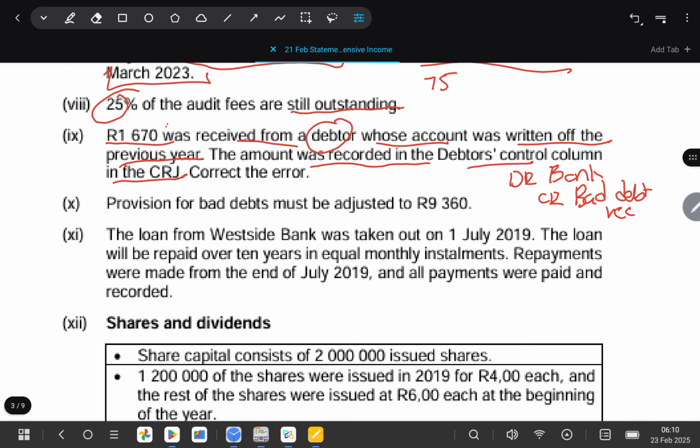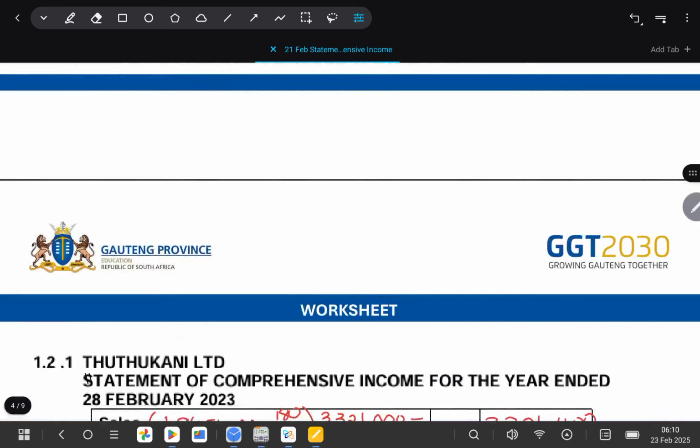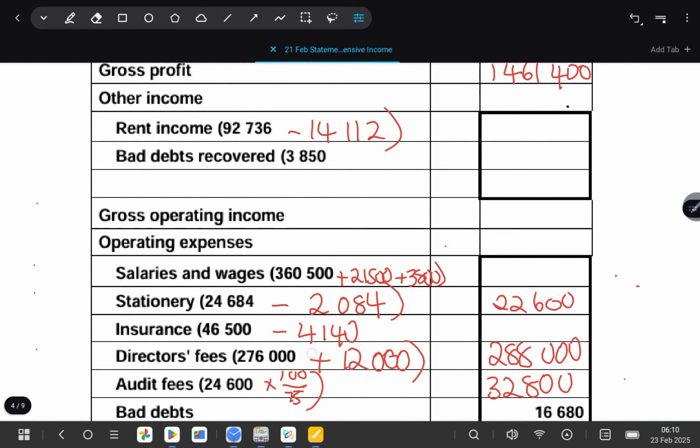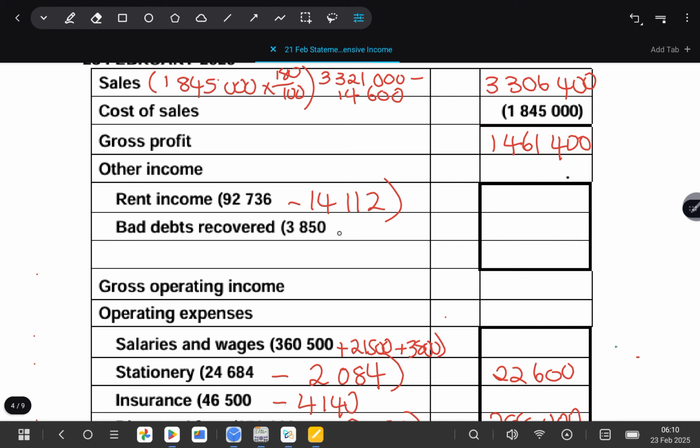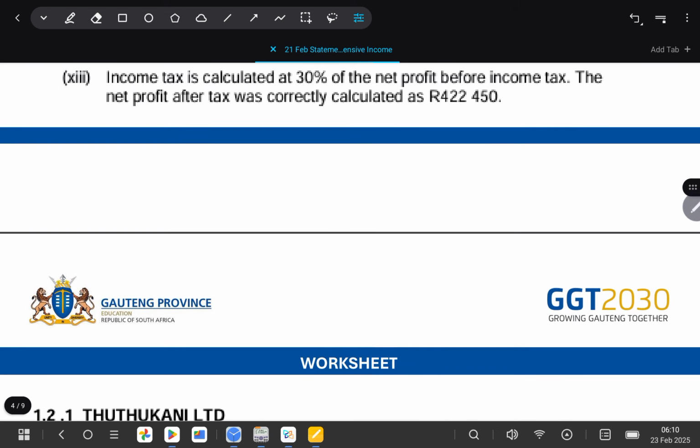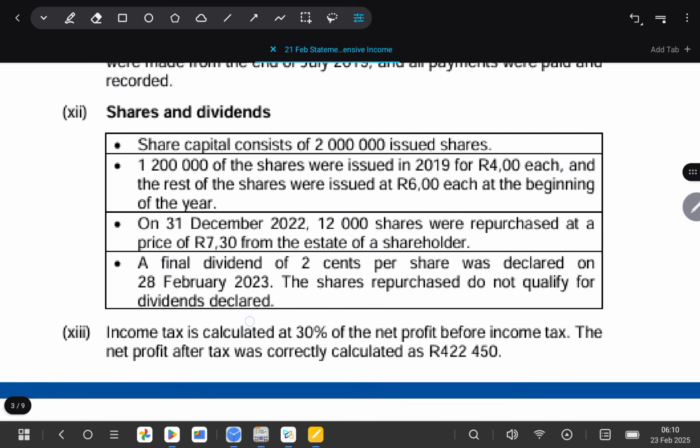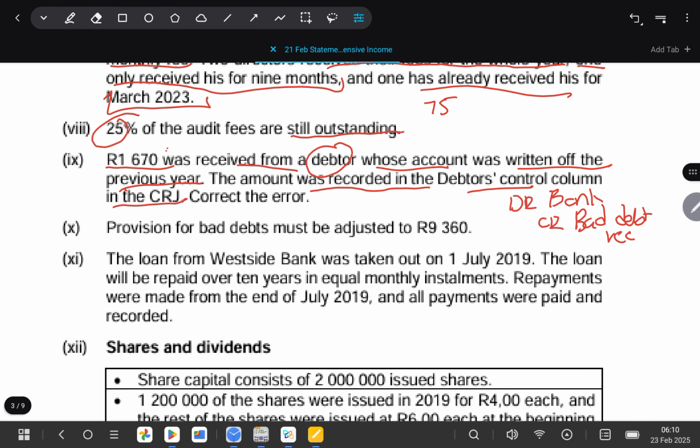Okay, so I'm going to do that just now. Under bad debts recovered, I'm going to say plus 1,670. And then remember to add it back to your debtors control because it was subtracted by mistake. The next part says that provision for bad debts must be adjusted to 9,360. Once you adjust provision for bad debts, you must check these conditions.